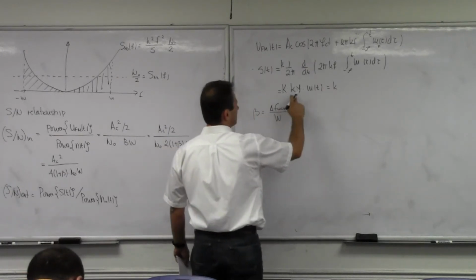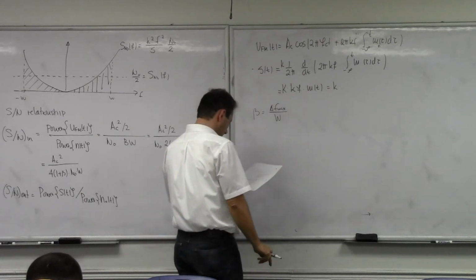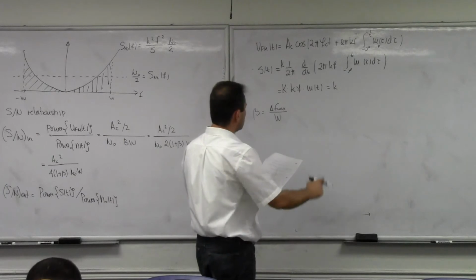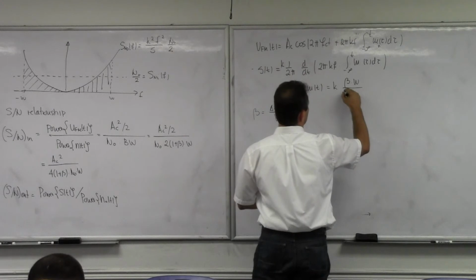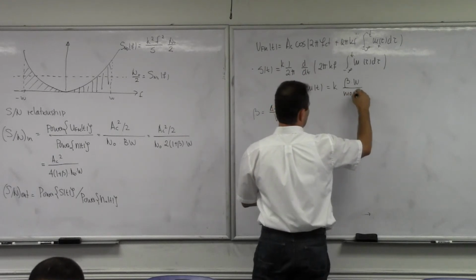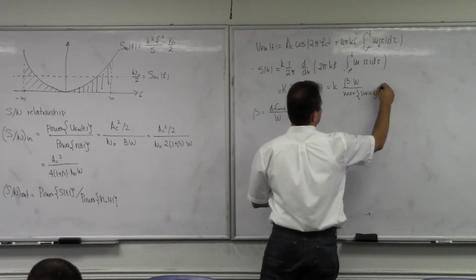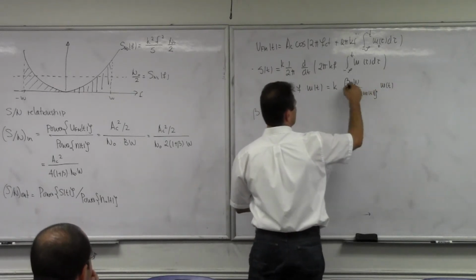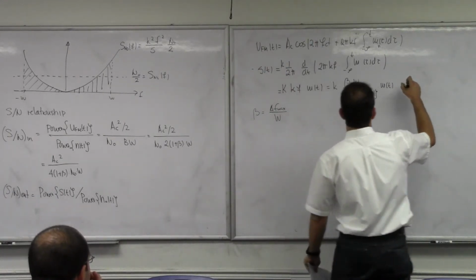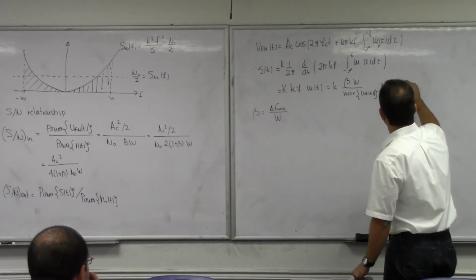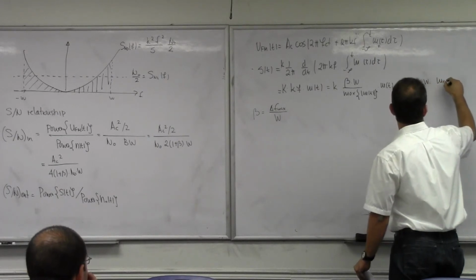So delta F maximum is going to be Kf times the maximum of this guy, right? So I can write this whole thing as K times beta times W divided by maximum of m(t), times m(t). In a sense, making this a normalized signal. So I can write this as K beta times W times m(t).